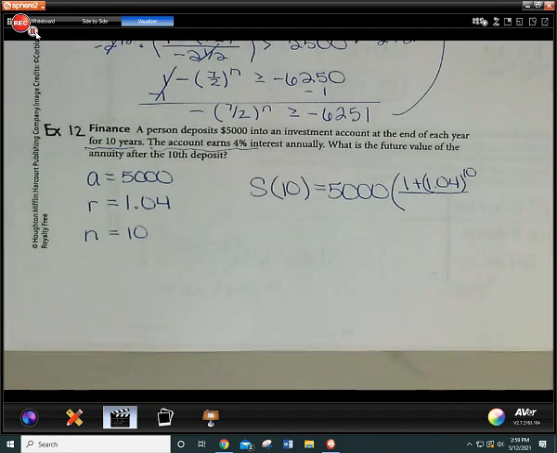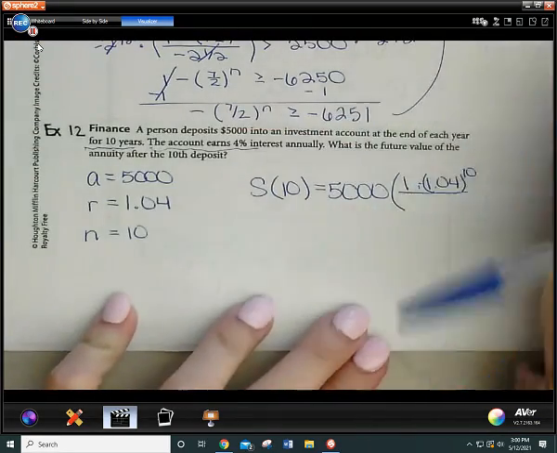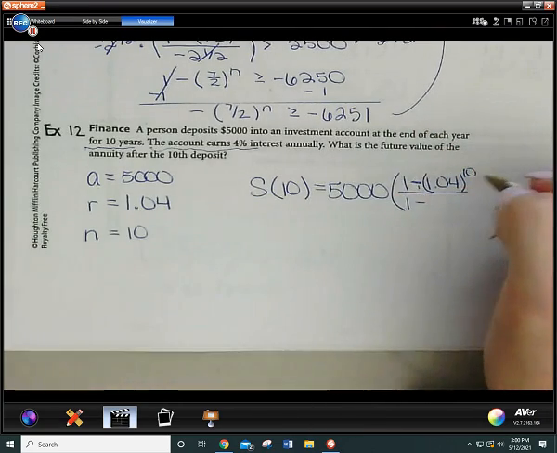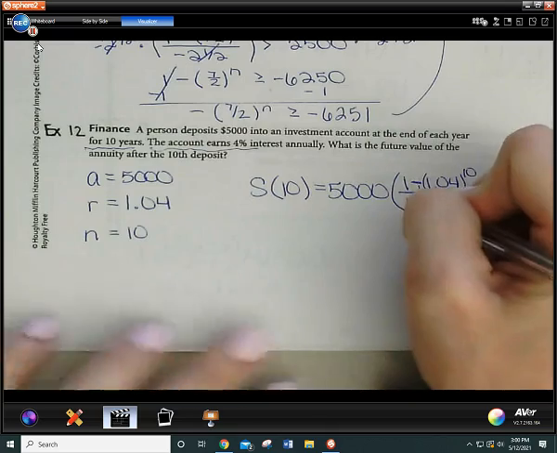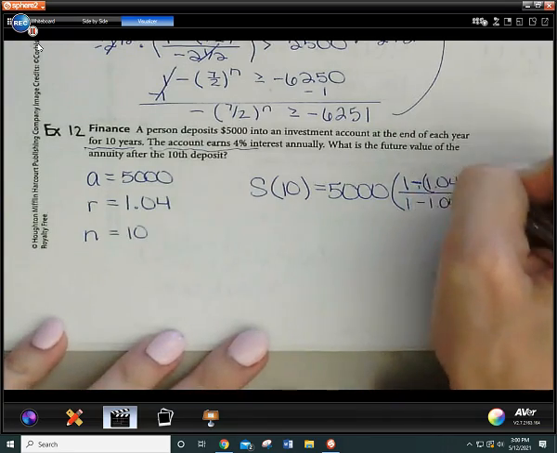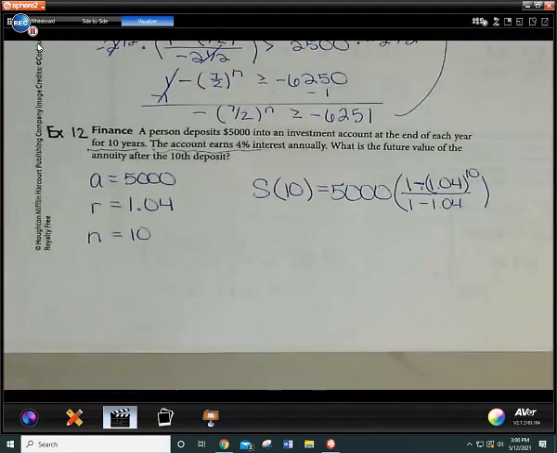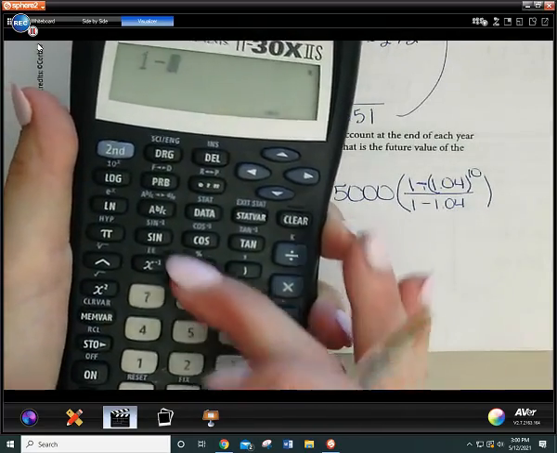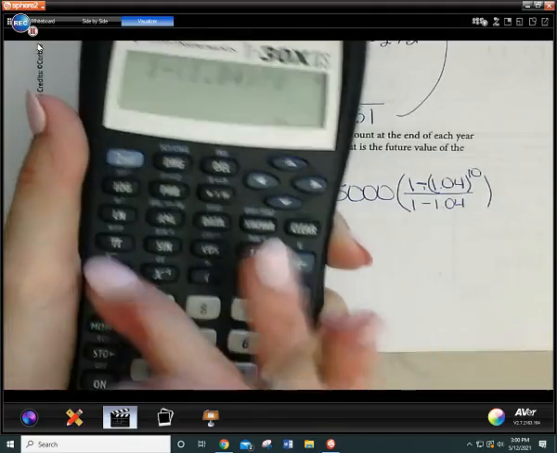And then we're going to say 1. I made a mistake. I need to put a minus instead of a plus from our formula. So 1 minus, there we go. And then we're going to say 1 minus our 1.04. Okay, grab your calculators. Type in 1 minus 1.04 to the 10th.